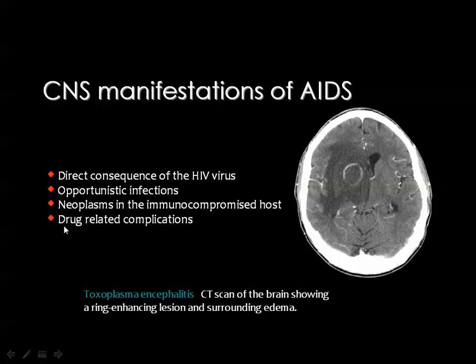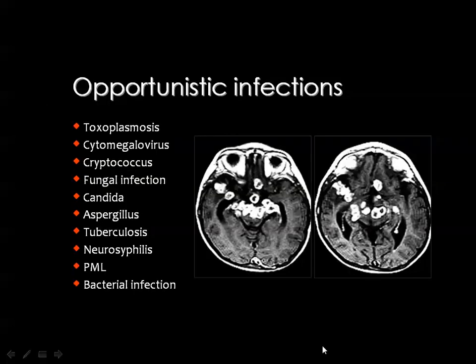Also, there are drug-related complications. If you look carefully here and see a lesion which is marginally enhanced, surrounded by an extensive area of perifocal brain edema, anyone may call this an usual abscess of bacterial etiology. But knowing that this patient is an AIDS patient, you should include in the differential diagnosis the possibility of toxoplasma.